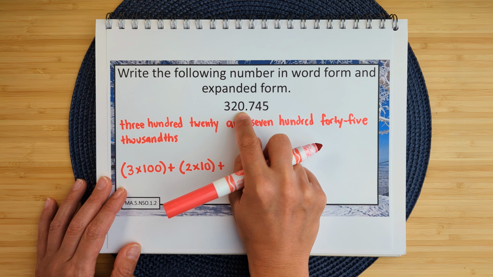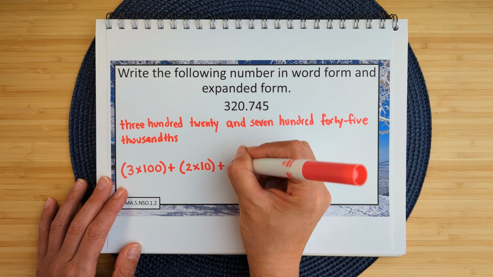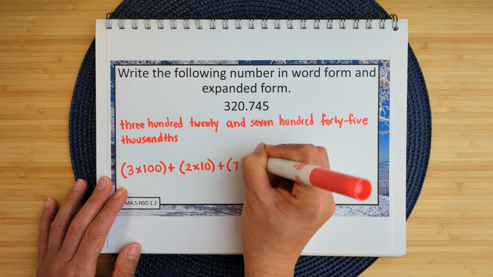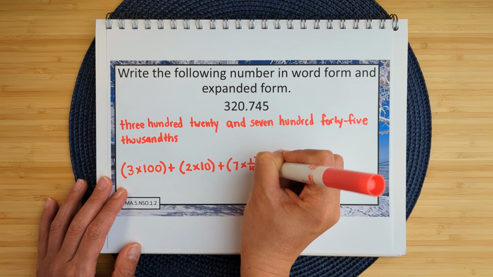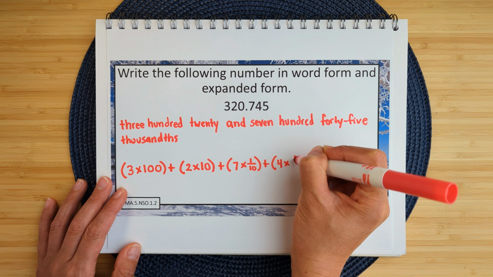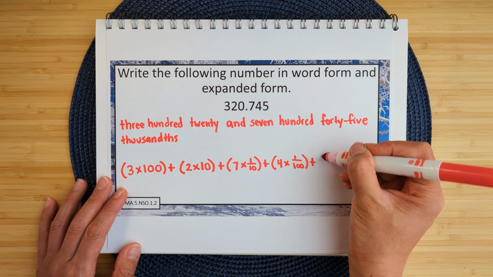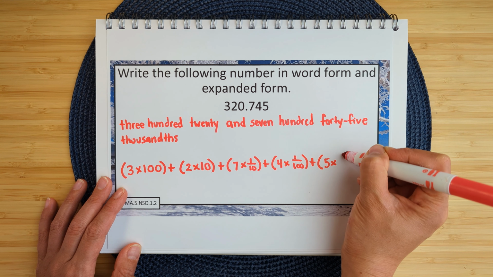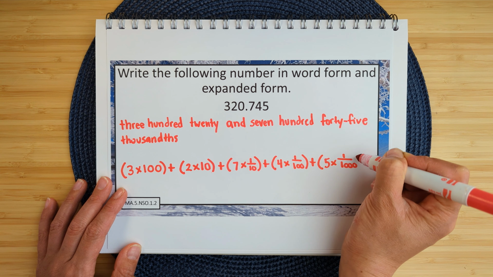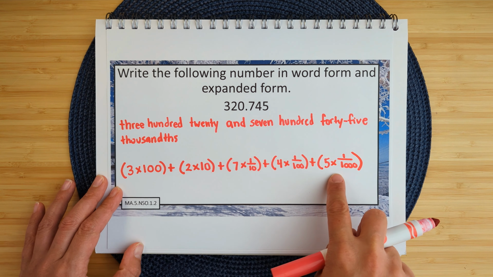Plus, there's no digit above 0 in the 1, so you just leave that as is. 7 in the tenths place, so plus 7 times 1/10. Plus 4 in the hundredths place, so 4 times 100th. And then 5 in the thousandths place, so 5 times 1,000th. So we have word form and expanded form.